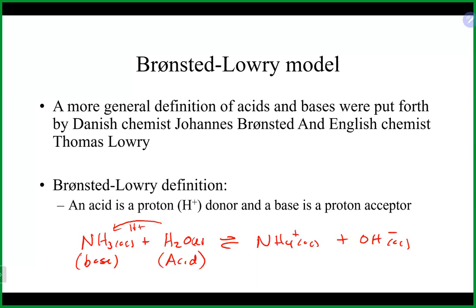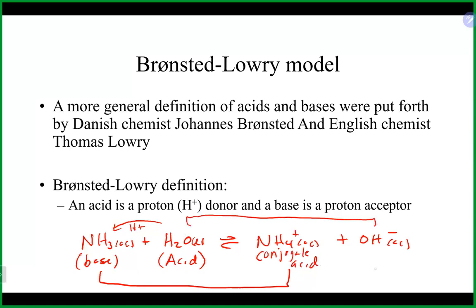And the Bronsted-Lowry definition of acid and base is it will actually create partners within the reaction. And if we look on the other side, this NH4+ is the partner. It looks kind of like the NH3. And that is what is referred to as the conjugate acid. And the water on this side and the OH- on this side is related to each other. And this is what is known as the conjugate base.